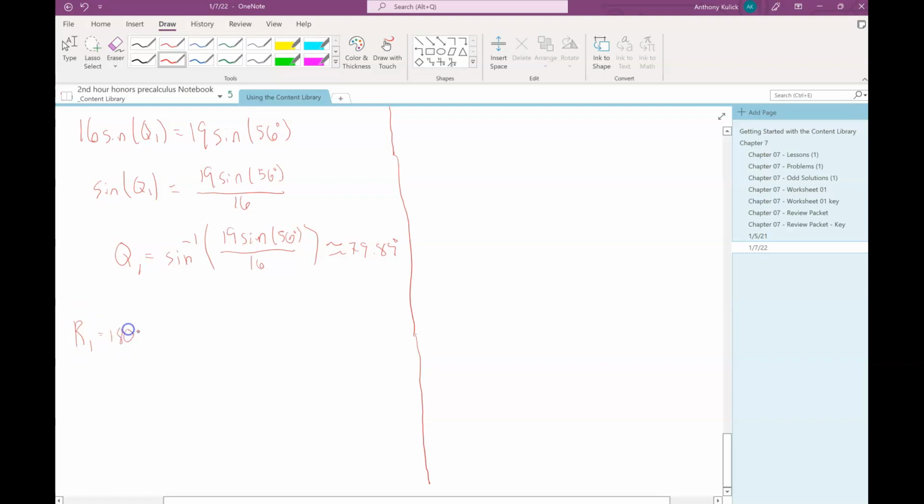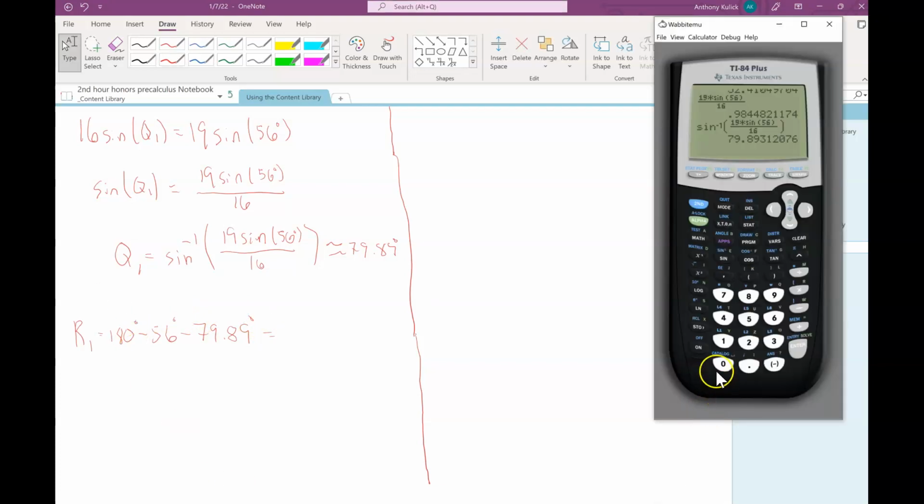And just do 180 minus 56 minus 7989. Everybody happy with that? So that's 44.11.